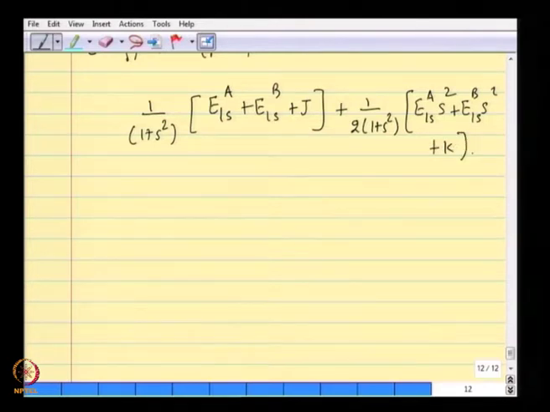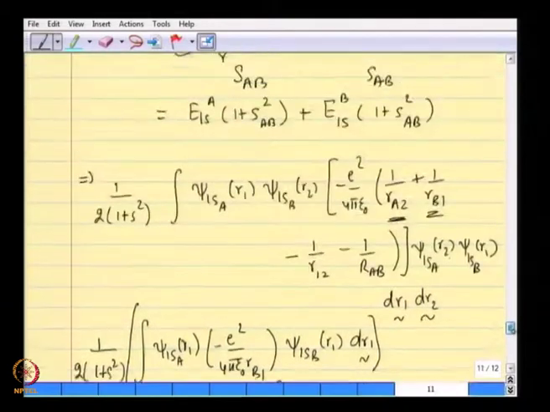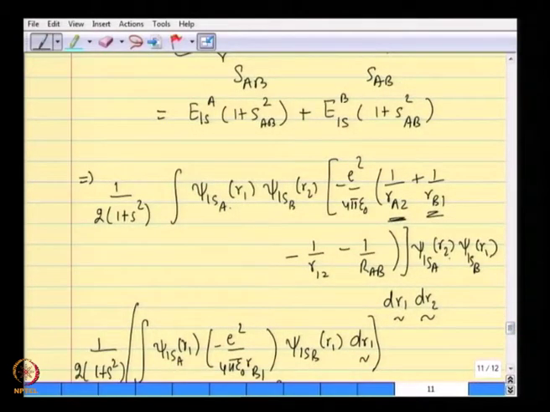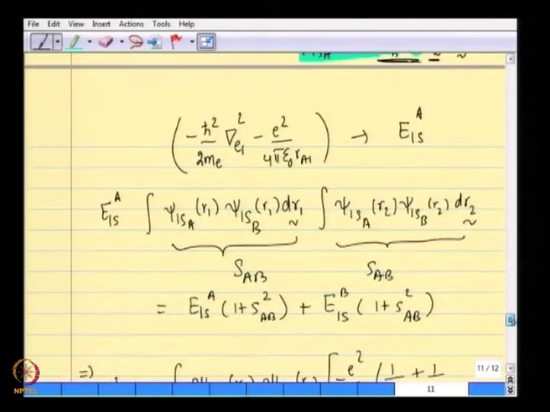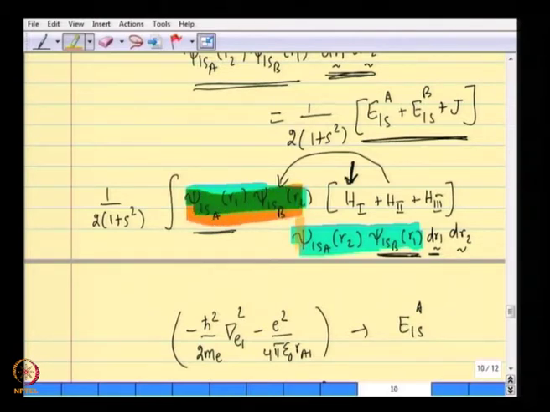Okay. And the last group of 3 terms is only going to have these 2 wave functions interchanged. Let us go back to the integral. Yeah, in this integral, this wave function and this wave function will be left right interchanged, and with the Hamiltonian, of course.